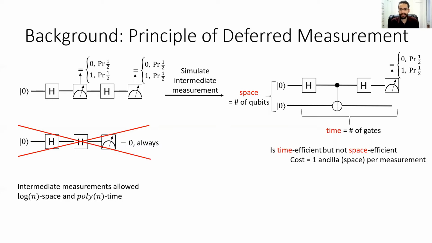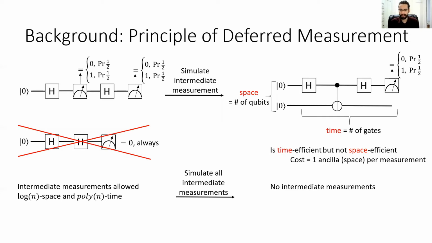For example, suppose we have an algorithm that runs in log space and poly time, which is allowed to make intermediate measurements. By repeatedly applying this procedure to eliminate all of the intermediate measurements, we end up with a new algorithm which has exactly the same output distribution as our original algorithm, but which doesn't need to make any intermediate measurements. But how much time and space does our new algorithm require?